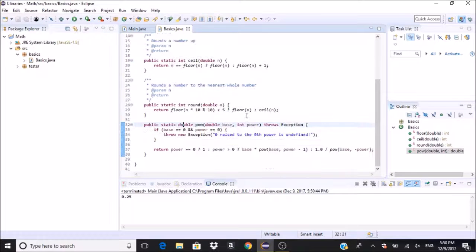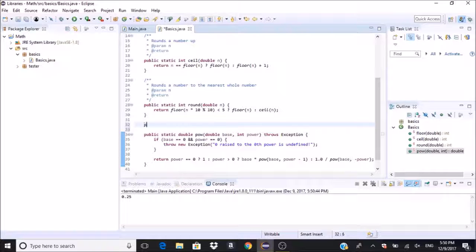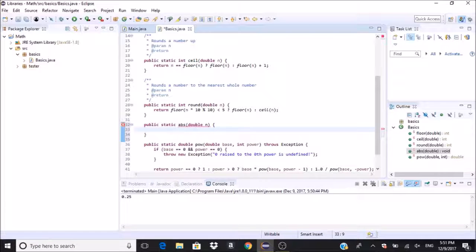There are also some other functions that I want to add. One of them is the absolute value function. It's going to take a double, because we should be able to take the absolute value of anything.